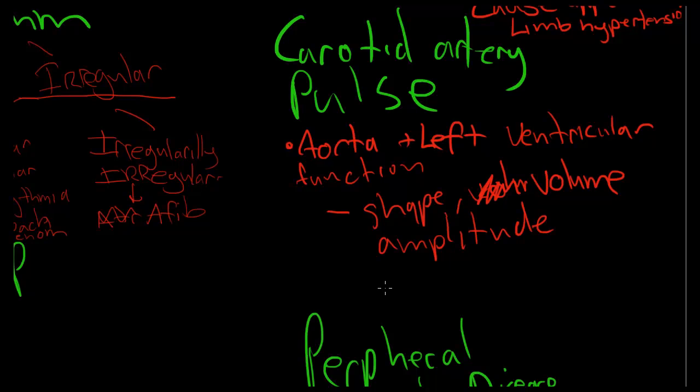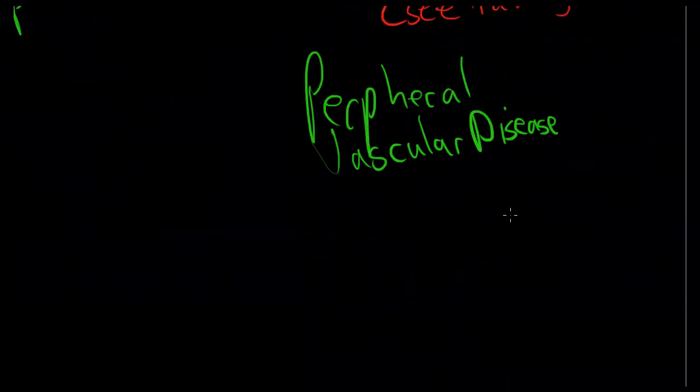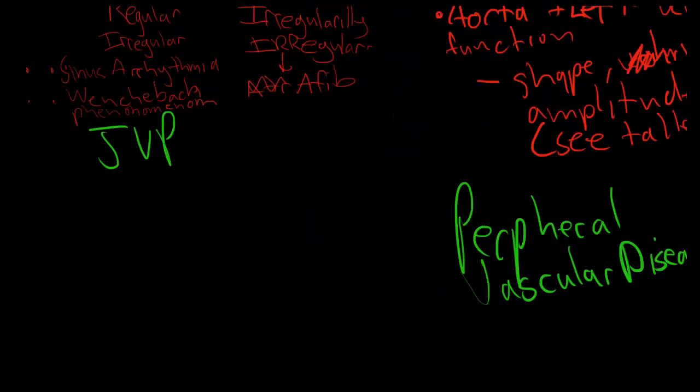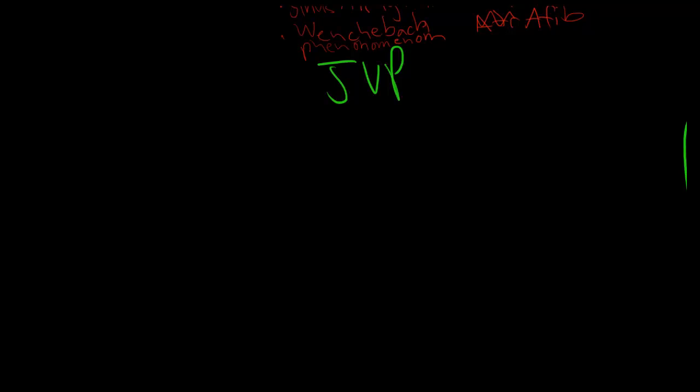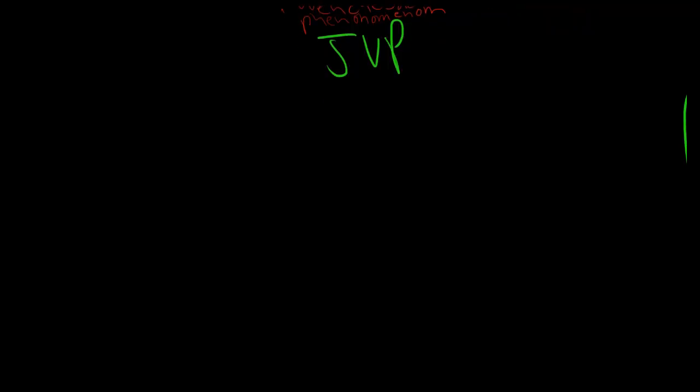It's quite complex. I'm just going to write see Teale, Teale O'Connor for more. Alright, next I'm going to talk about the JVP. Some people call it jugular venous pulse, others jugular venous pressure, so I'm just going to talk about it here with the other pulses.